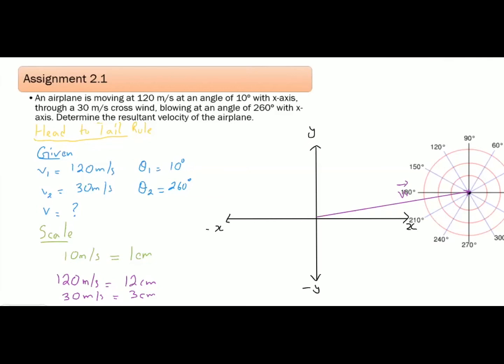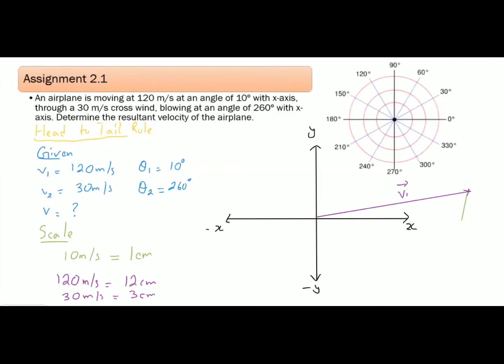So now we will draw the velocity vector v2, making an angle of 260 degrees, and the magnitude is 3 centimeter. So this is how we can draw the diagram of the velocities for the vector addition.